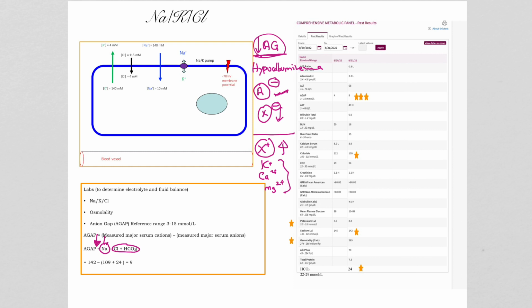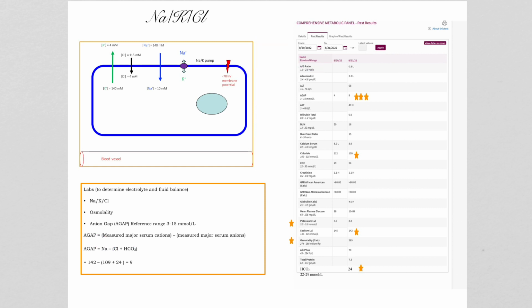So another way to get a decreased anion gap, to decrease this number, is to decrease your sodium. And sodium will decrease if any of your other cations increase, whether it's potassium or calcium or magnesium or even cationic protein.